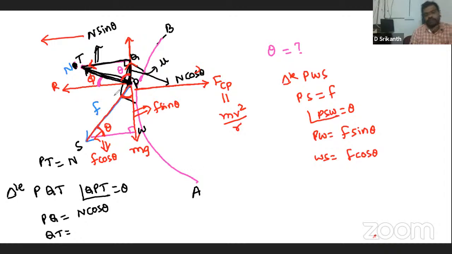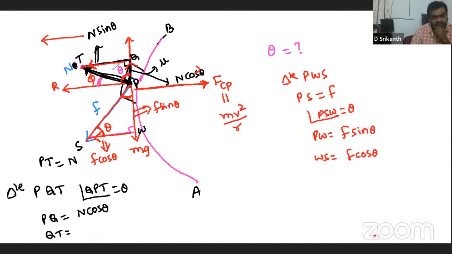Okay, fine. Now I will apply the equation. See, along horizontally towards the right we are having mv square by r. Towards the left we are having N sin theta and F cos theta.